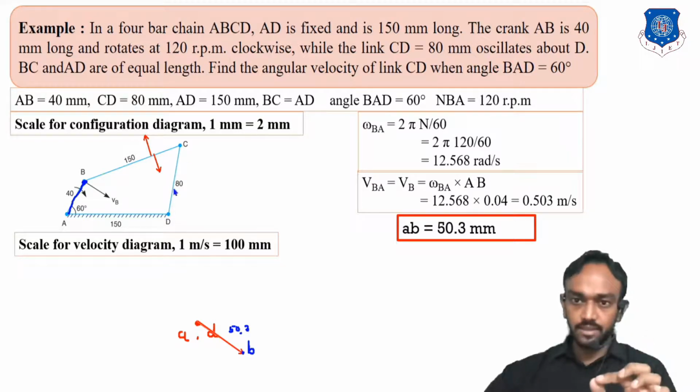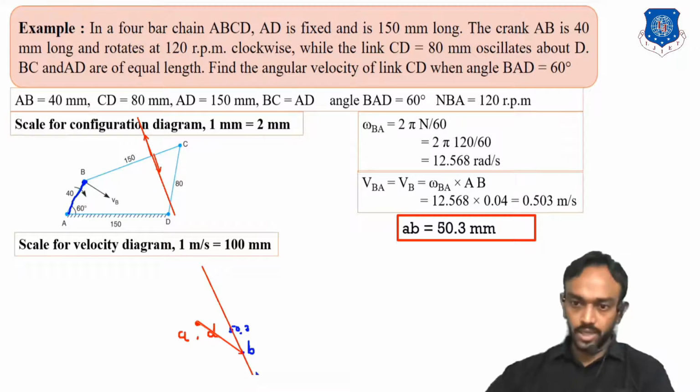So first of all, in this direction you will make the line which is passing through B, in the same direction as this. In this direction you will draw this line here.